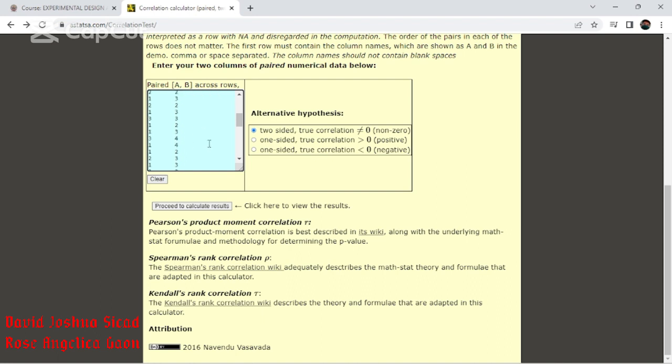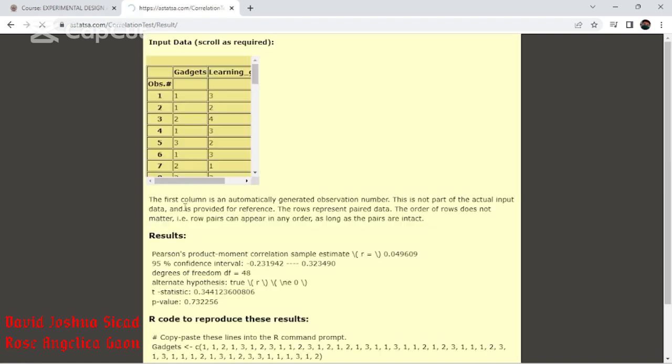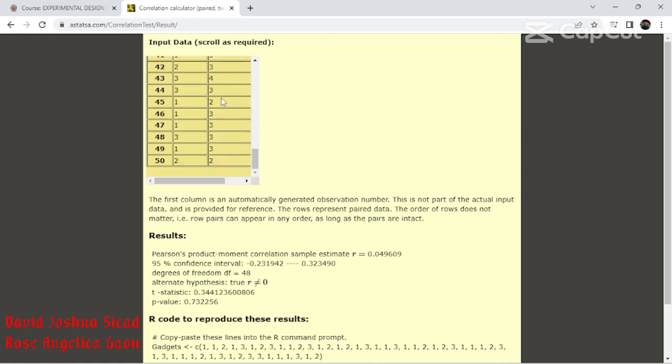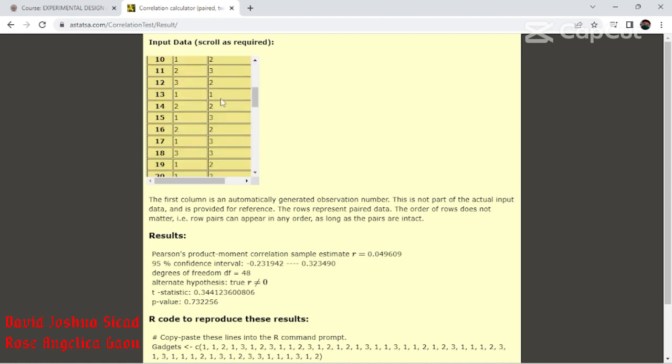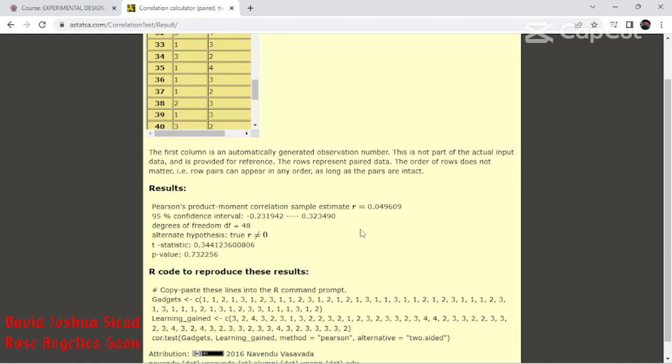So this is our 50 data sets, and we proceed to calculate. So the objective: number 1 is using cell phone, the learning gain is 3, which is 61 to 80%. So the result is here.